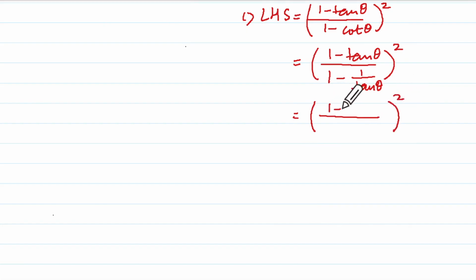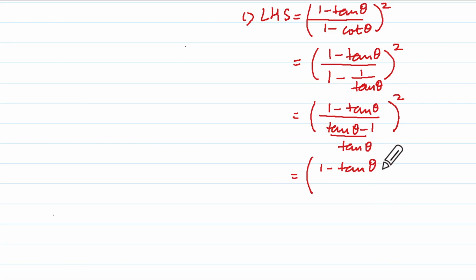Okay. Now numerator remains as it is and denominator is what? Tan theta is the denominator and what I'll get is tan theta minus 1, which is equal to 1 minus tan theta multiplied by, put bracket here, tan theta upon tan theta minus 1.